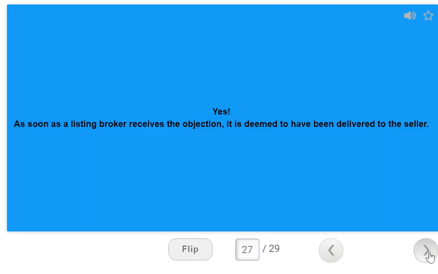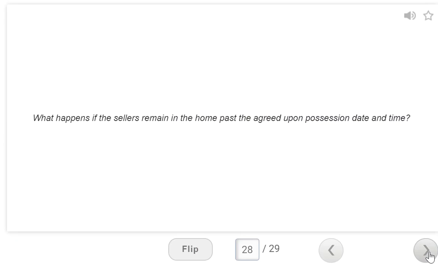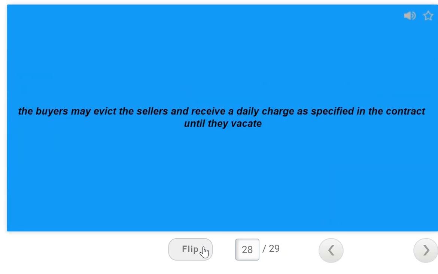Just a couple more. What happens if the seller remains in the home past the agreed upon possession date and time? The buyers may evict the sellers and receive a daily charge as specified in the contract until they vacate.